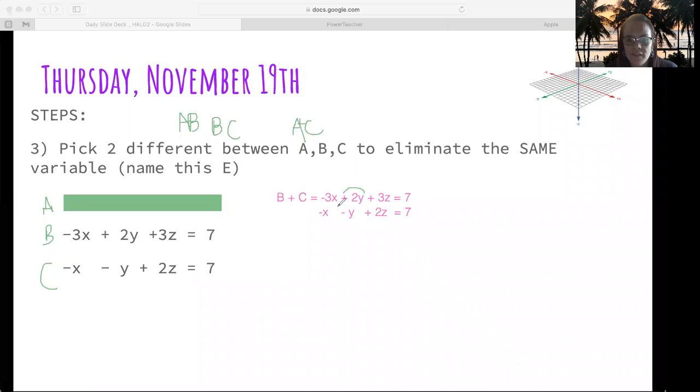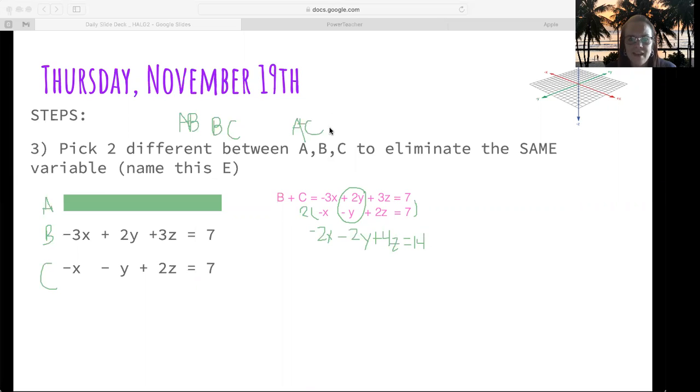In order to finish this, I have to eliminate my y's because I eliminated my y's back in step 2. So I would need to multiply this bottom equation by 2. Then I would have negative 2x minus 2y plus 4z equals 14.